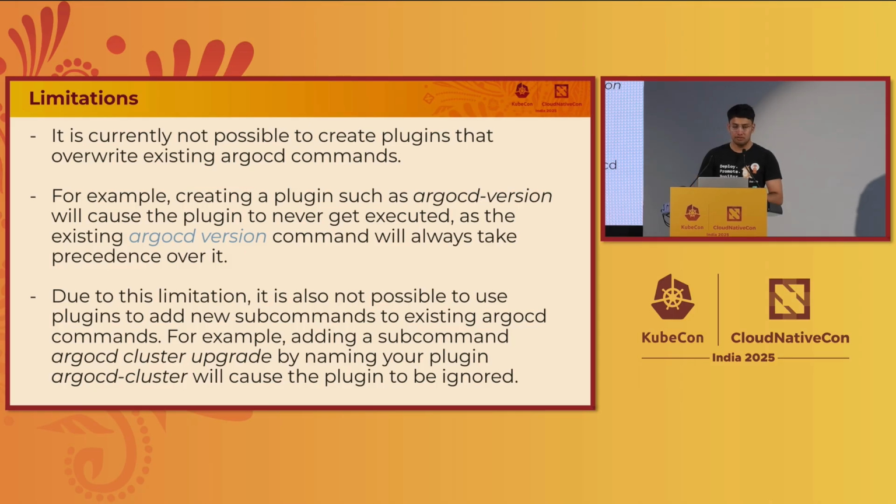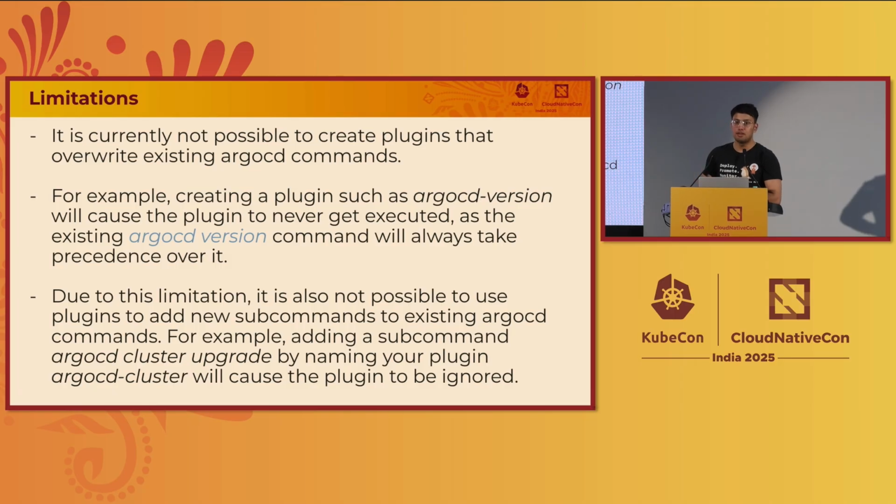Something else I want to mention is related to flag parsing. Let's say you have flags defined at the ArgoCD level, for ArgoCD's normal commands. Those flags are going to be reset to default values for your custom binaries. Let's say you have set the log level flag to JSON for your ArgoCD normal subcommands, so every time you get an error, the logs are printed in JSON format.